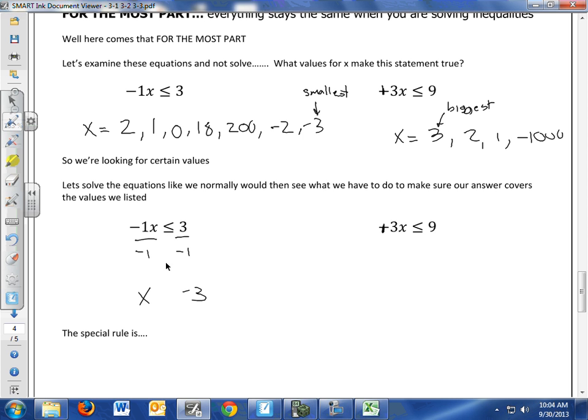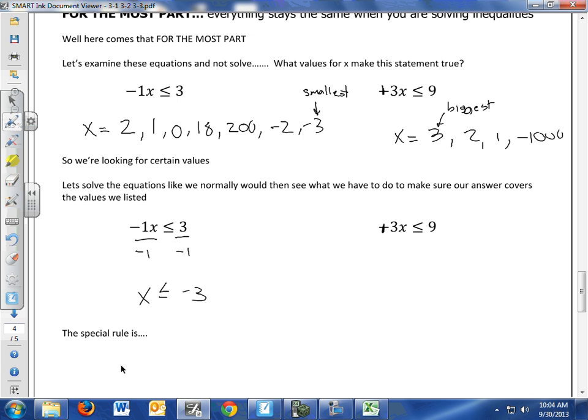Well, if I did the same stuff like I did when I was adding and subtracting, this would be less than or equal to, right? We divide by -1. We get x is less than or equal to -3. Well, some numbers that are less than or equal to -3, -4, right? -5, -6. Are those solutions?